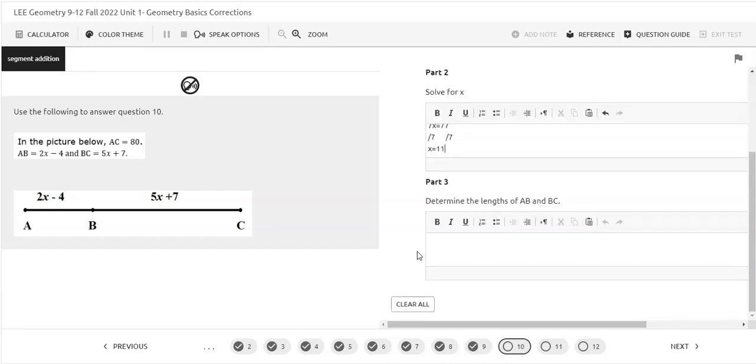And then finally, they wanted me to find AB and BC. So AB is going to be 2 times 11 minus 4, which is going to be 18, because 2 times 11 is 22 minus 4.